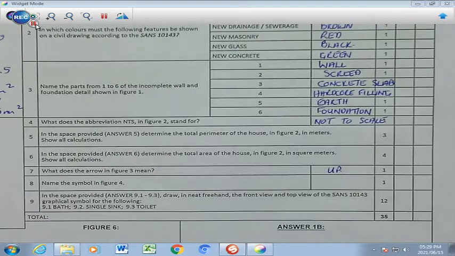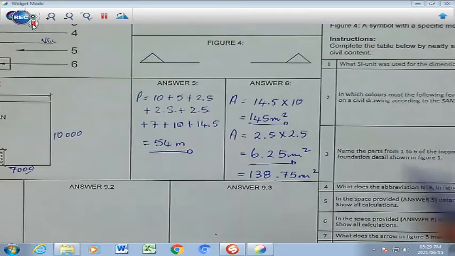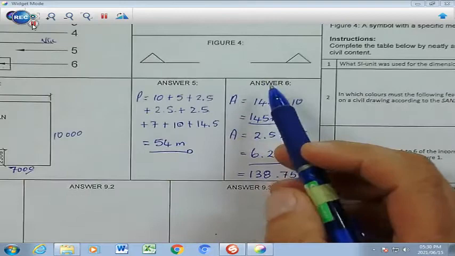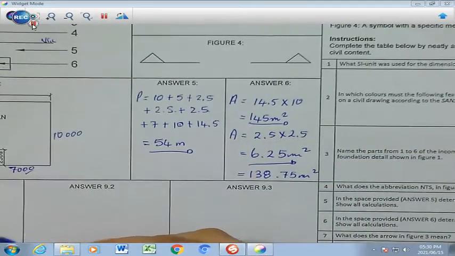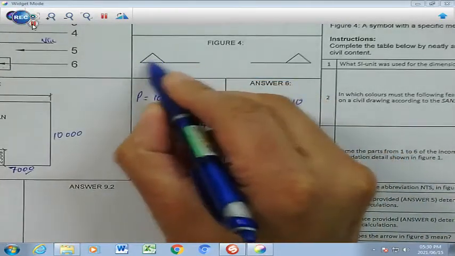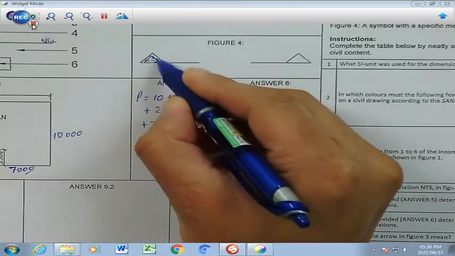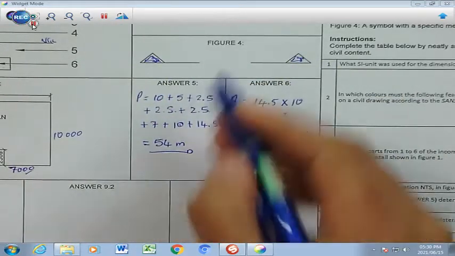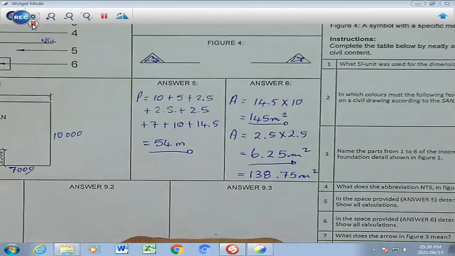Question number 8. Name the symbol in figure 4. This symbol in figure 4 is a cutting symbol in civil. So you will find a line with arrows on top of the line, which basically means that that is where a specific wall has been cut.